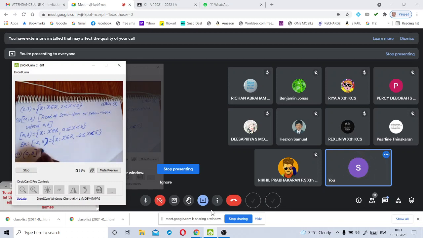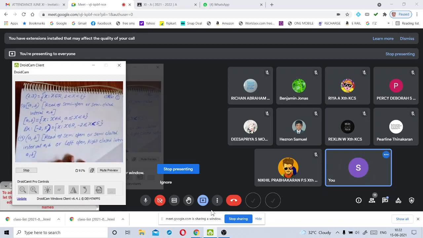This is also a semi-open, semi-closed interval.